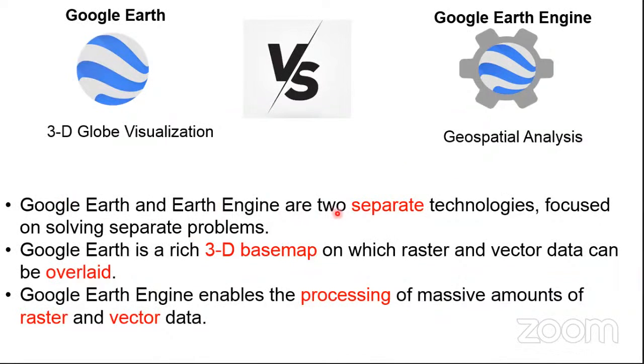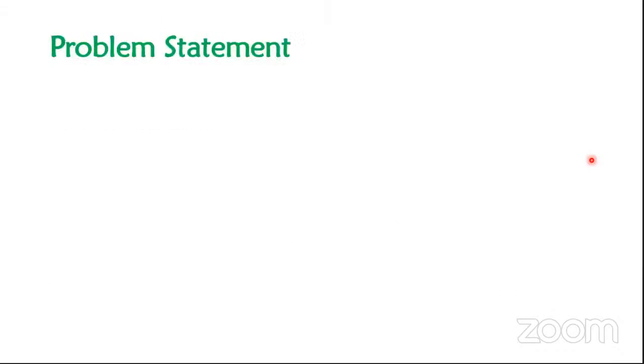So Google Earth and Google Earth Engine are two separate technologies focused on solving separate problems. Google Earth is a rich 3D-based map on which raster and vector data can be overlaid. But Google Earth Engine enables the processing of massive amounts of raster and vector data. So this is the basic difference between Google Earth and Google Earth Engine.